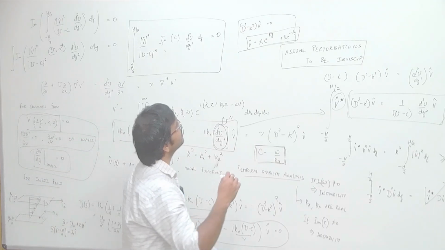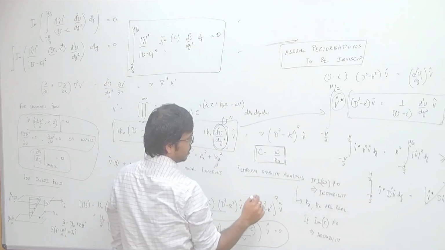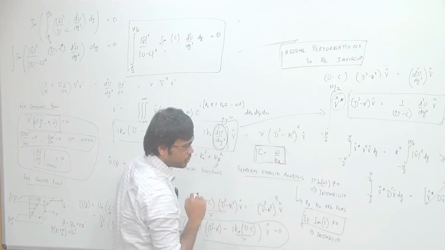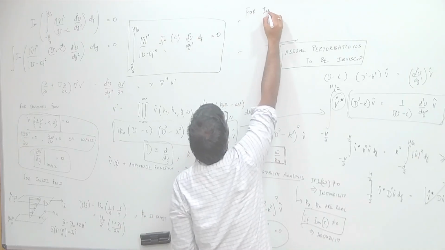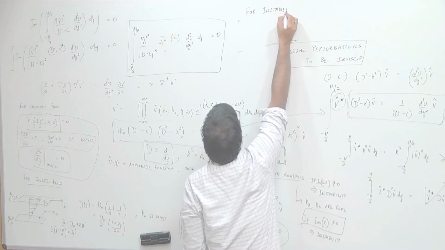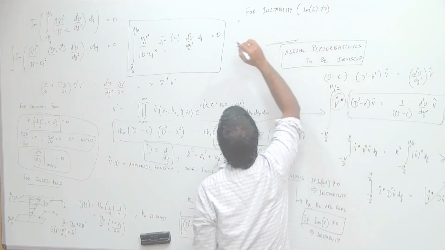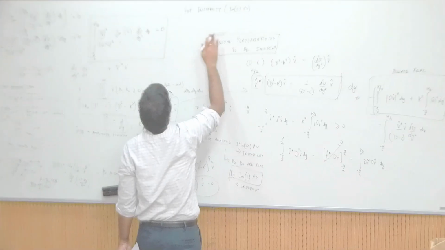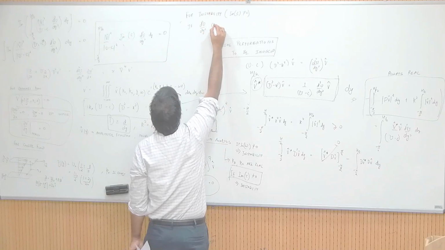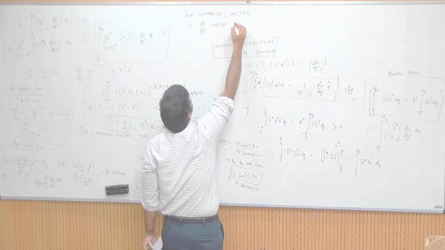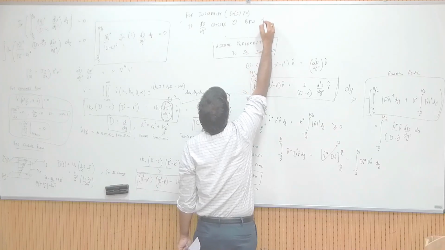Notice imaginary of C should not be 0 for instability. So, for instability, that is when imaginary of c is not 0, the only way this integral can be 0 is if d2u by dy square crosses 0 between minus h by 2 to h by 2.